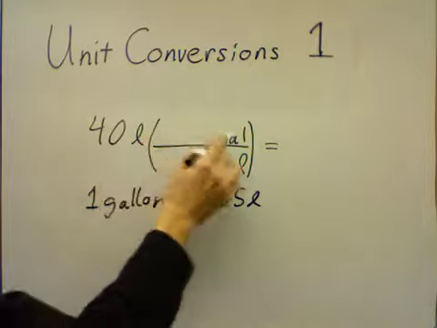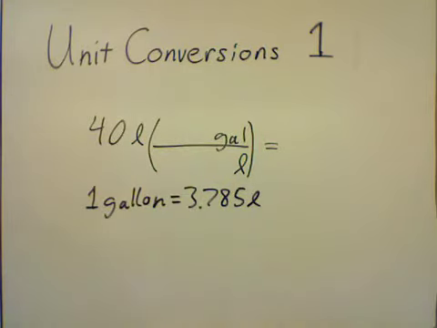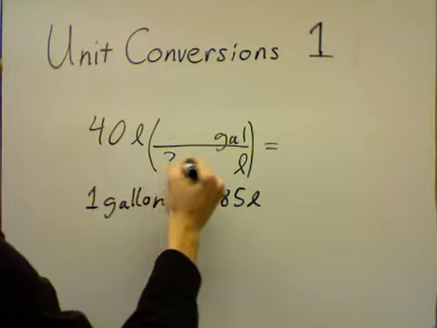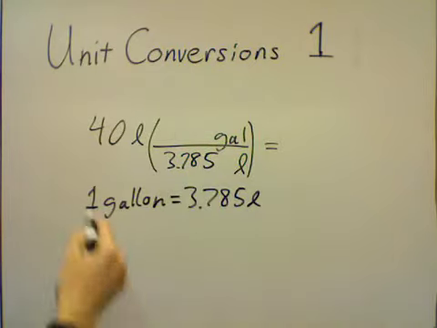Now I'm going to have to put a value up here and a value down there so that the top and the bottom of this ratio are equal. Well, all I do is look at my conversion factor again. 3.785 liters is equal to 1 gallon.